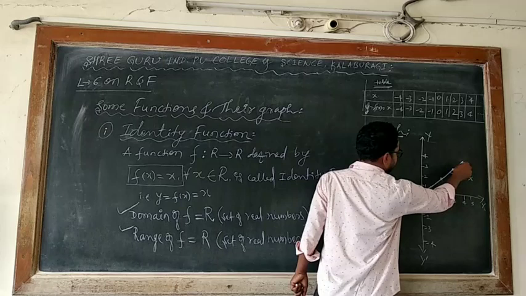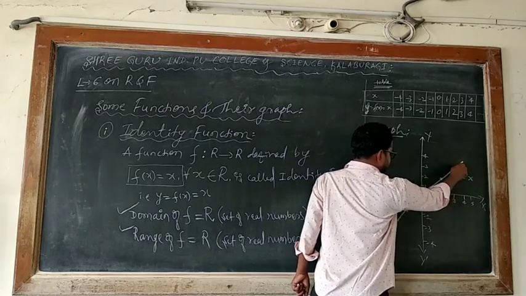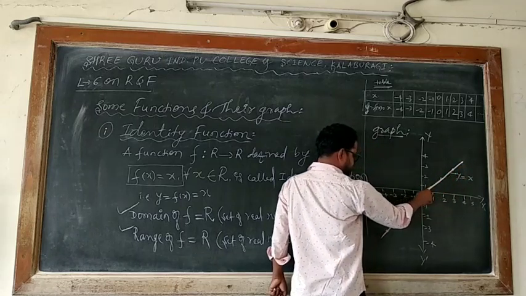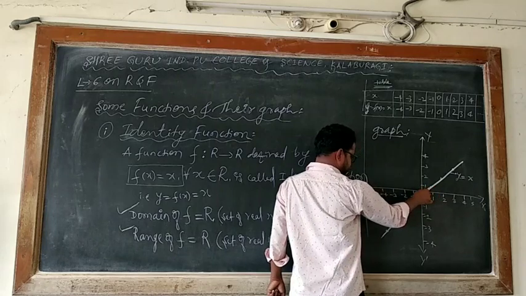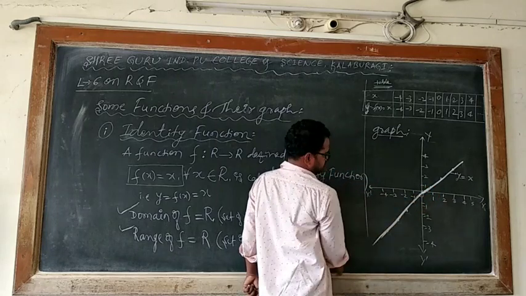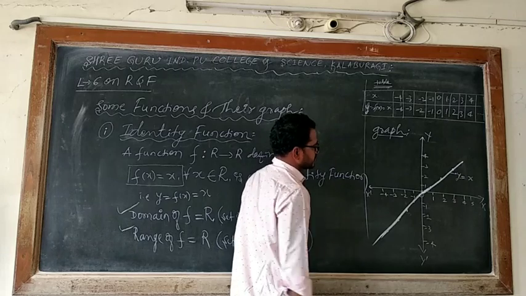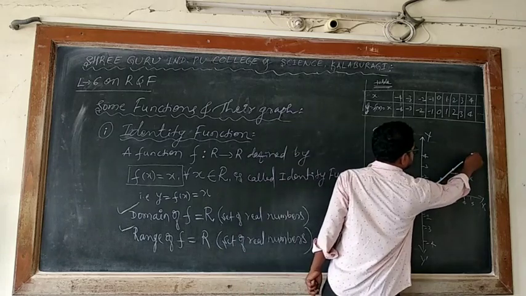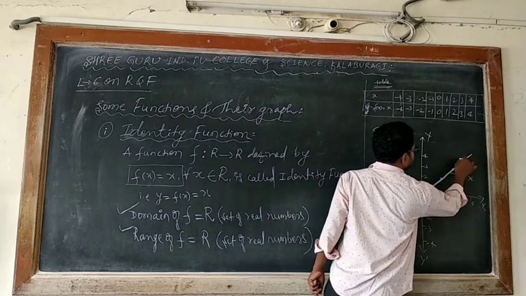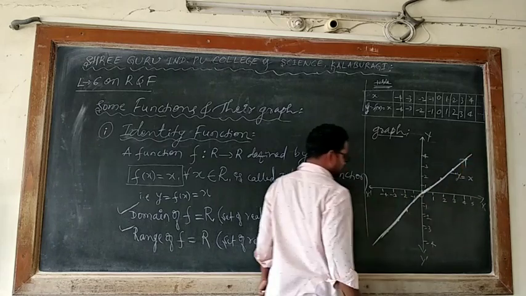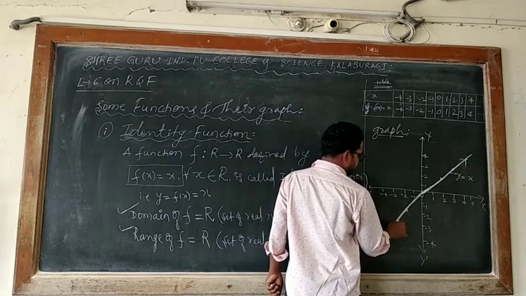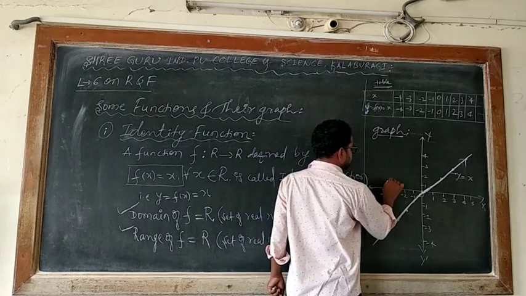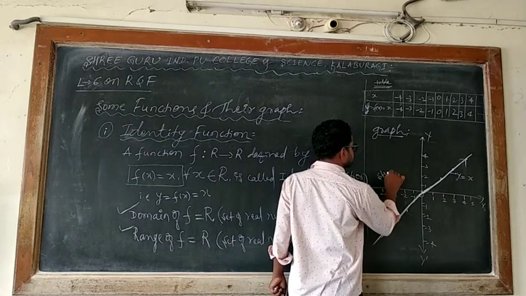It's a straight line. You can still extend it because you have so many points. So we are getting a straight line.